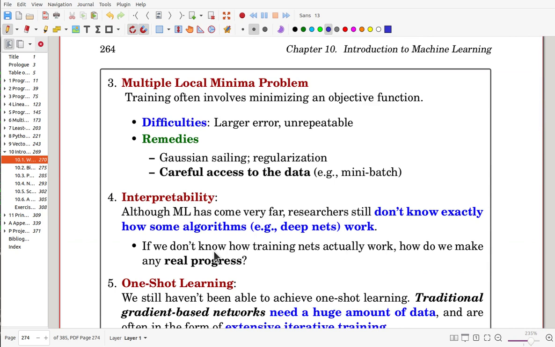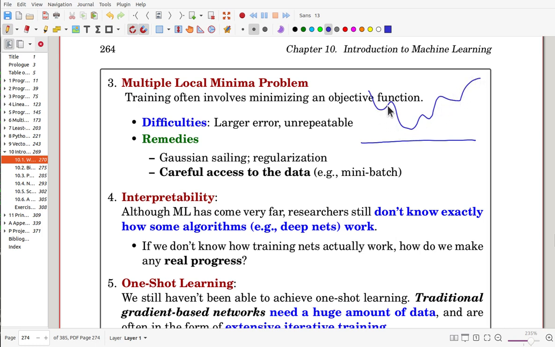Now, most algorithms are based on an objective function. This objective function may have multiple local minima. If you are using the gradient descent method, then it can converge to a local minimum. For example, in a 1D figure, the objective function may look like this, like that.